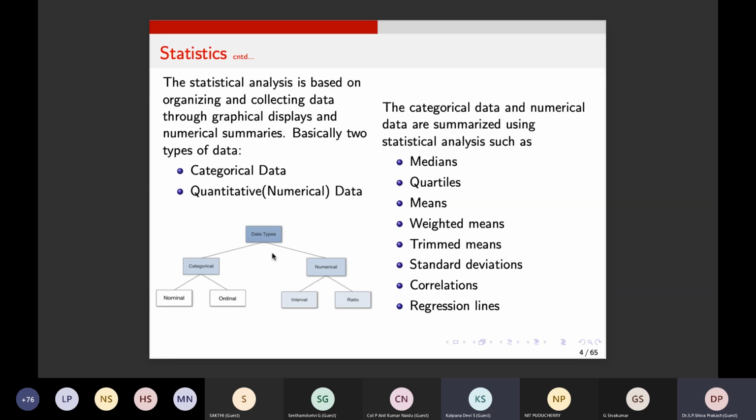And the weighted mean is a type of mean that is basically calculated by multiplying each outcome by its associated probability, and then summing all the products together, right? So the trimmed mean, or we also call it a truncated mean, is a statistical measure of central tendency.